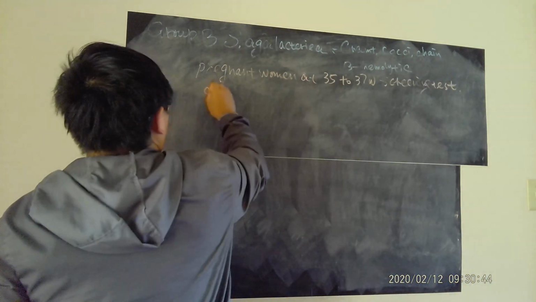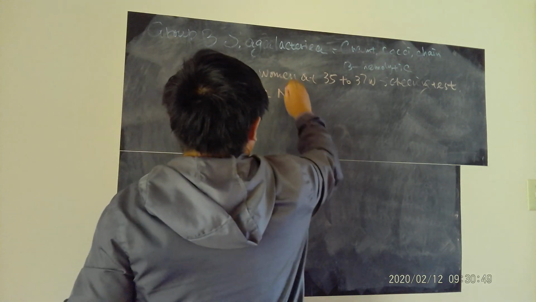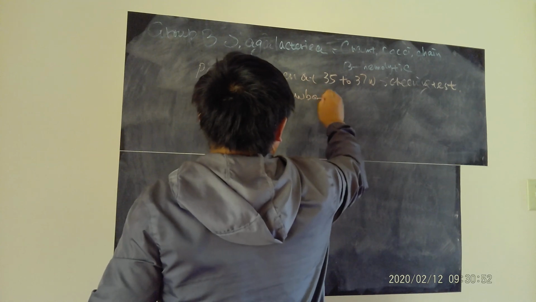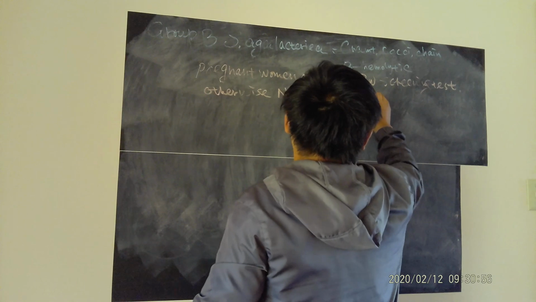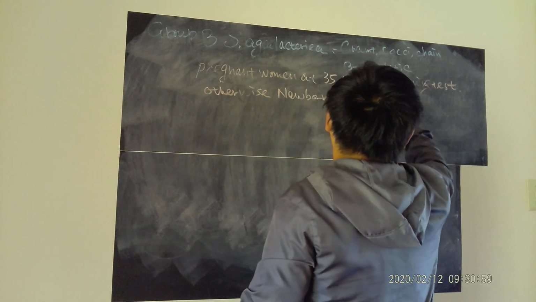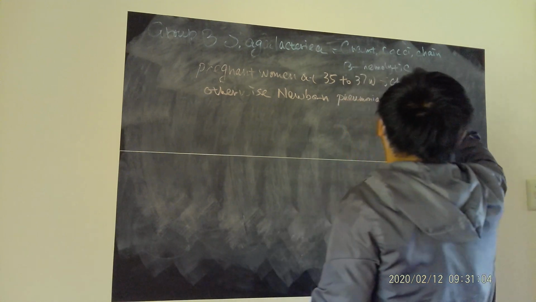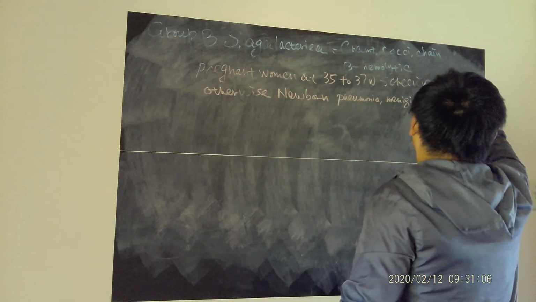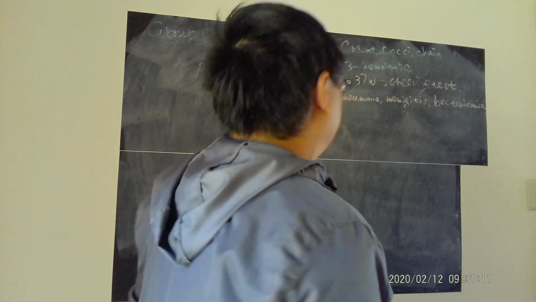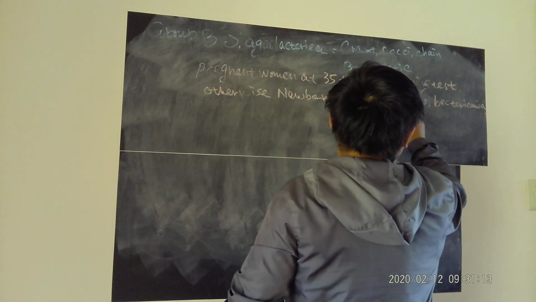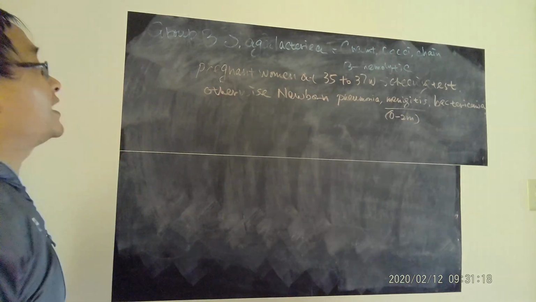Otherwise, the newborn baby will have pneumonia, meningitis, and bacteremia. That's why for meningitis, if it's 0 to 2 months, it's caused by Streptococcus agalactiae.